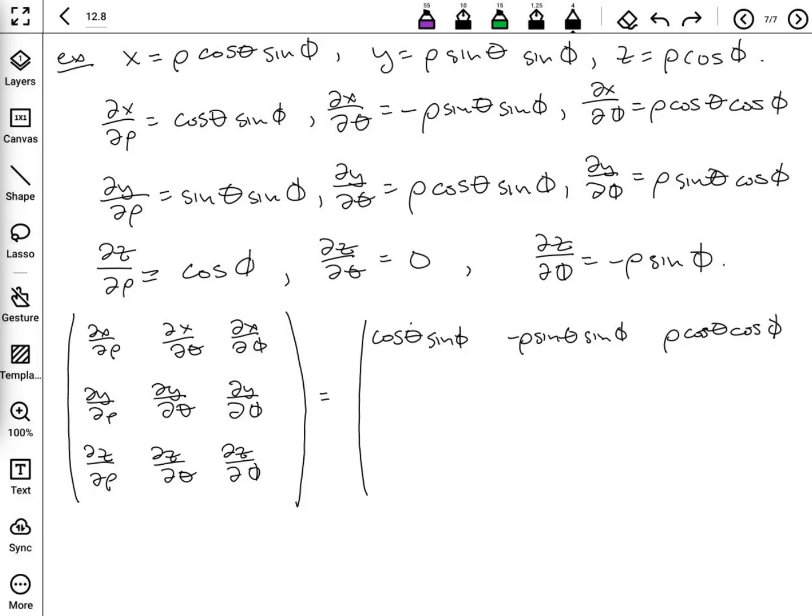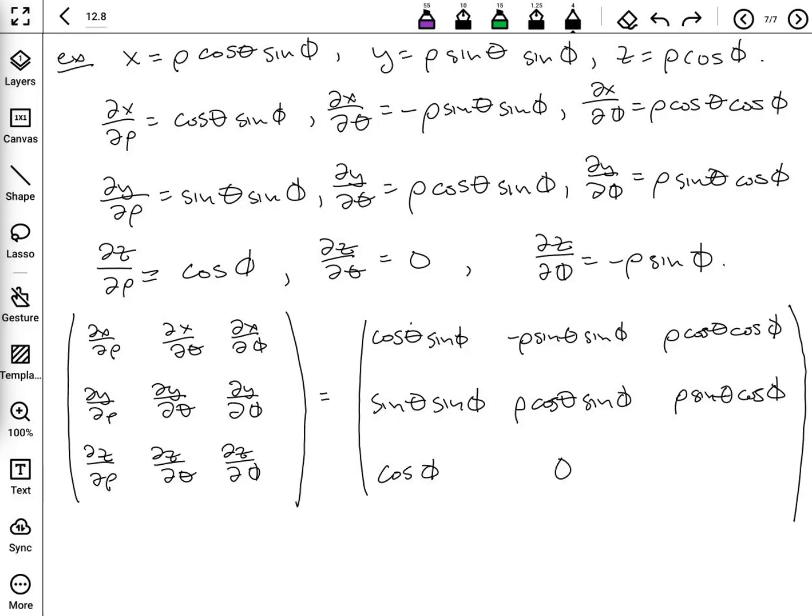Then my y derivatives, sine theta sine phi, rho cosine theta sine phi, and rho sine theta cosine phi. And then for z, dz d rho was cosine phi. I got this nice 0 in the middle. And then dz d phi was that minus rho sine phi.